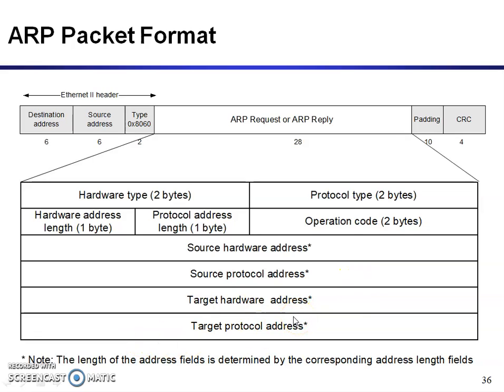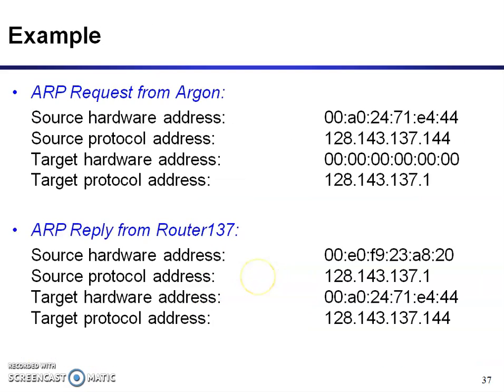A noteworthy thing here is the length of the address fields. The length of the address fields is determined by the corresponding address length fields. So it can be variable also. So here it is shown. This particular one is the source hardware address. The source protocol address is this.